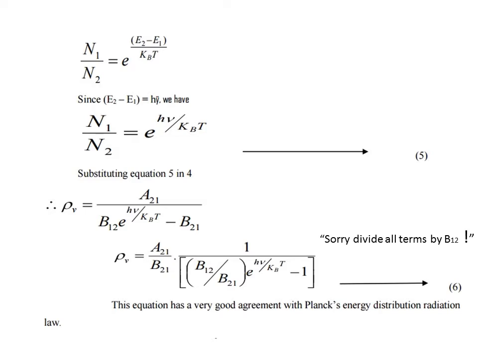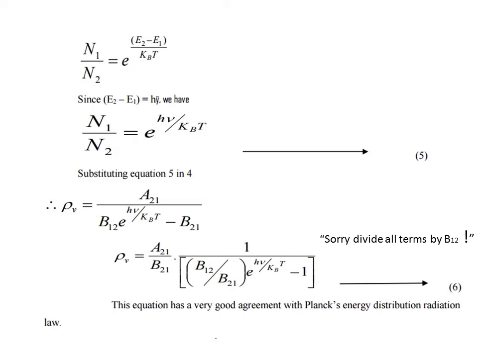So E2 minus E1 is equal to h nu, and so we can write N1 by N2 is equal to exponential h nu by KT. If you write N2 by N1, that will be equal to exponential negative h nu by KT. So this is the Boltzmann's equation, and that is represented by equation number 5.